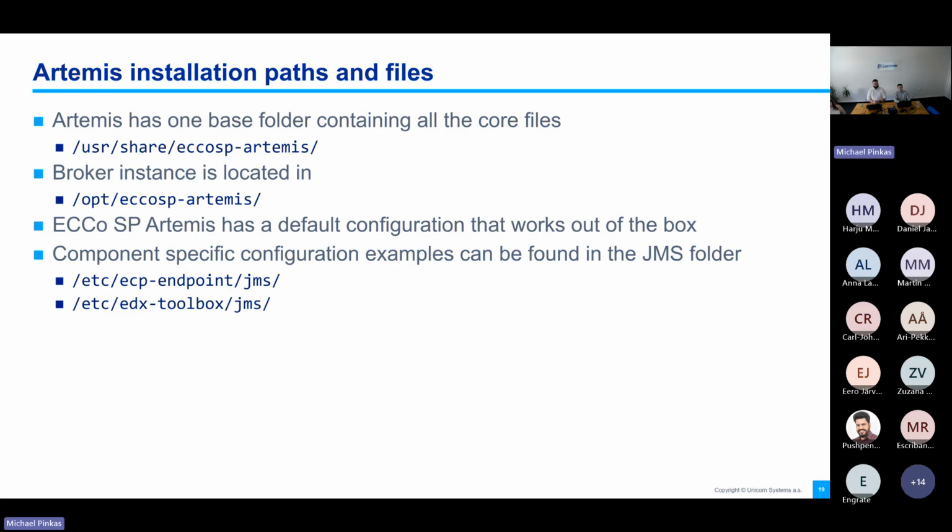In the ECCo during the installation, we are creating an instance in the OPT folder, in OPT ECCo Artemis. So the OPT instance is a lightweight instance of the Artemis from above. That is in case you would want to run multiple Artemis server instances. In the ECCo this is not used. This comes mainly from the Artemis installation itself.